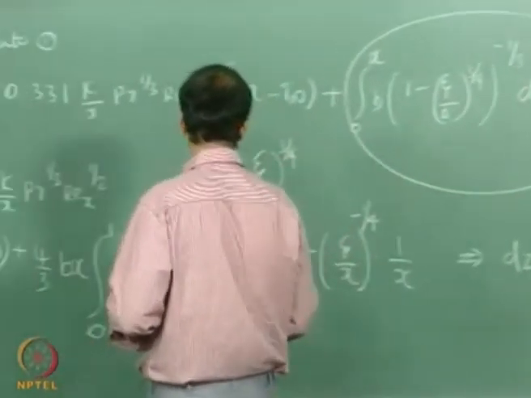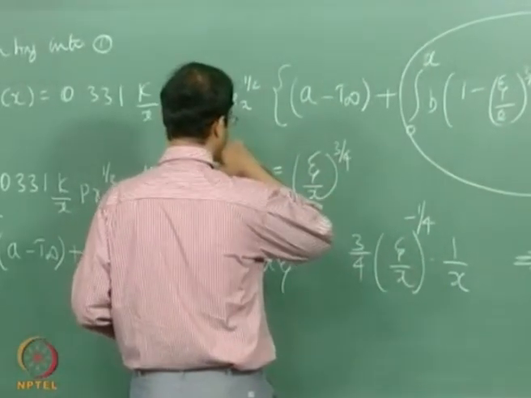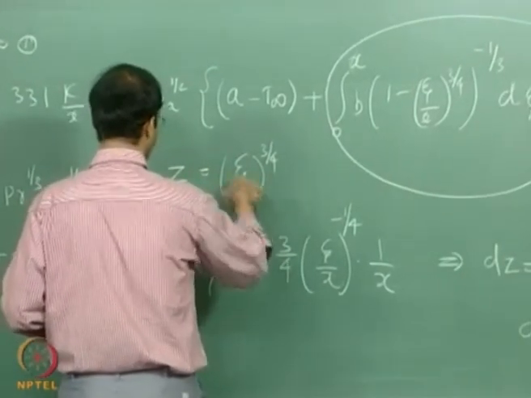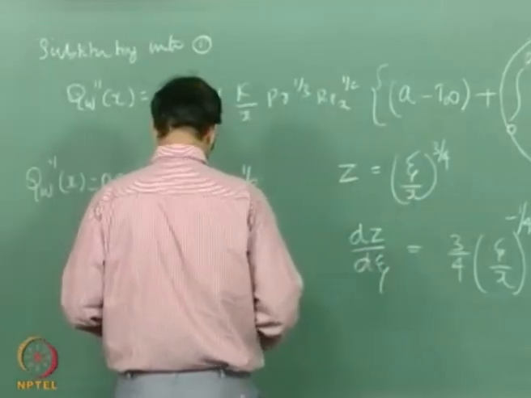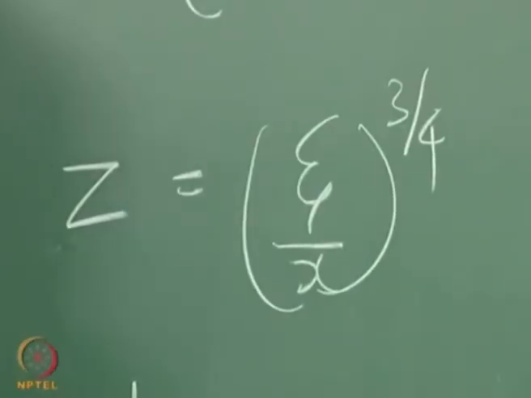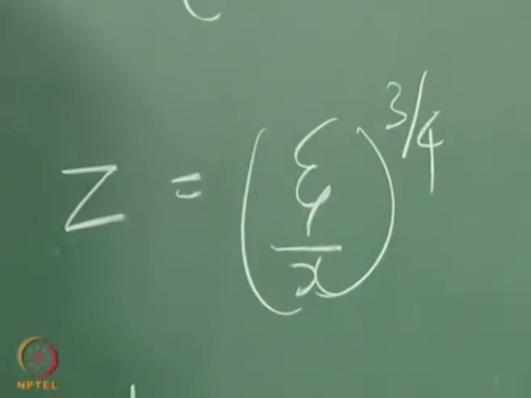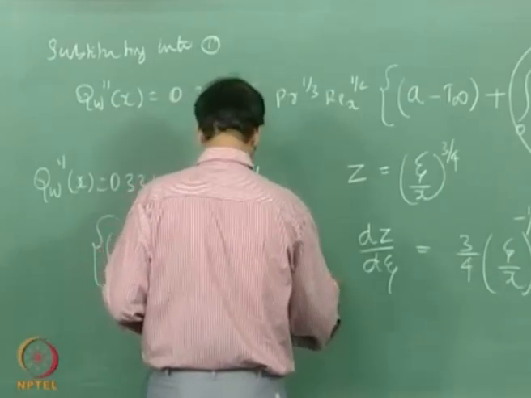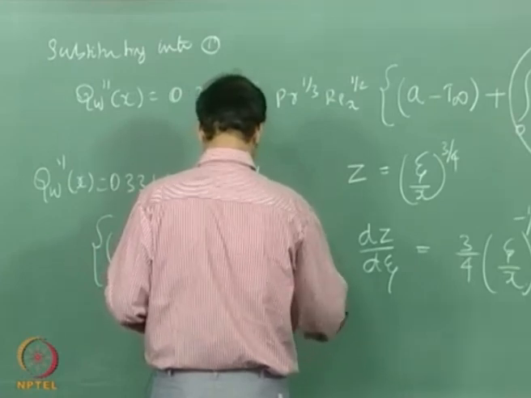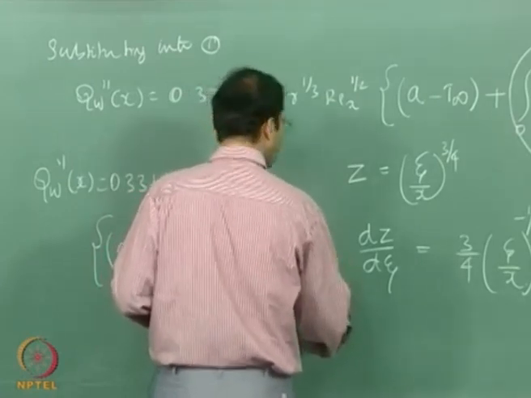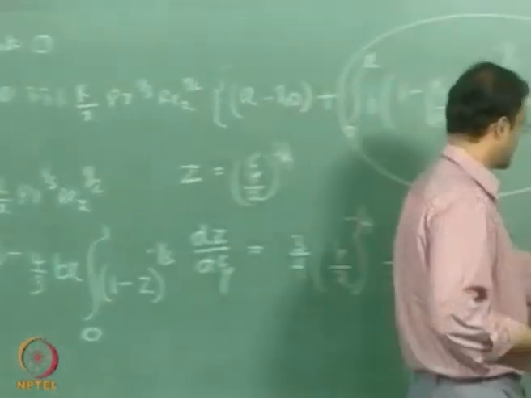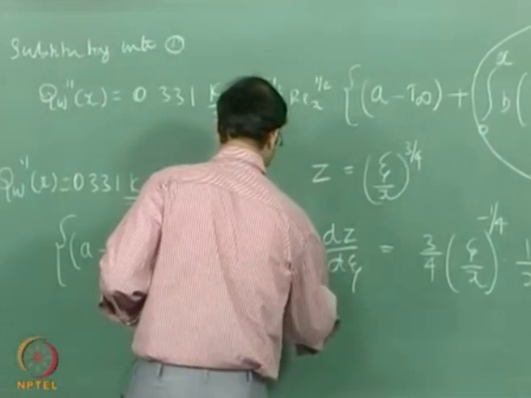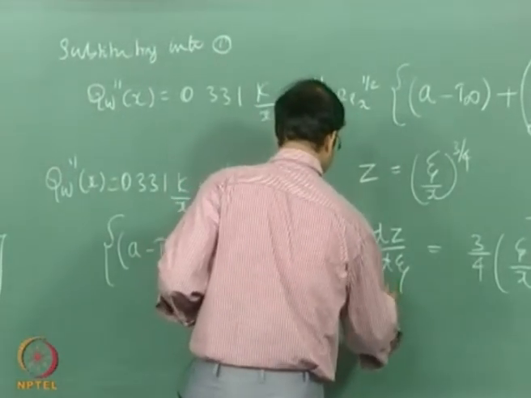Because at zeta equal to x, this becomes z equal to 1, so the upper limit of integration will be 1. So this will be 1 minus z to the power minus 1 by 3, and you have this z power 1 by 3 here, so that will also come outside, into dz.